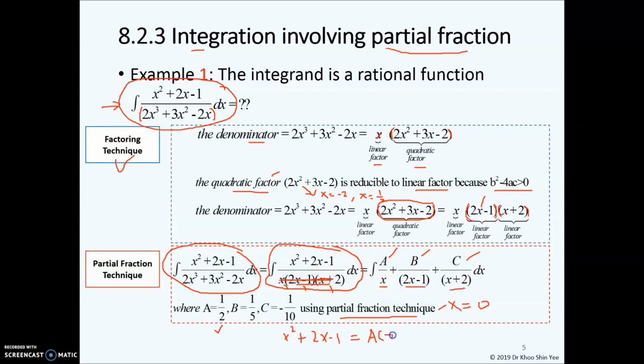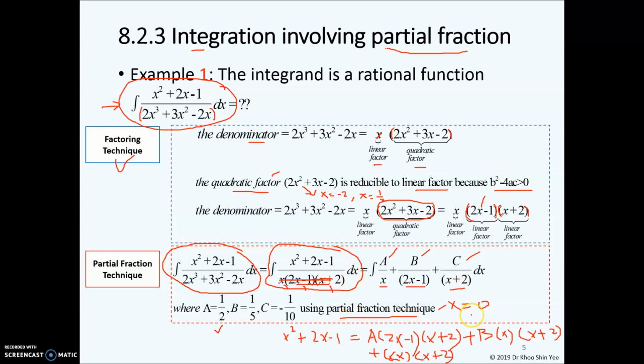Plus b, where 2x minus 1 cancels off, you only have x and x plus 2. And lastly, your c, you only have the x and also the x plus 2.